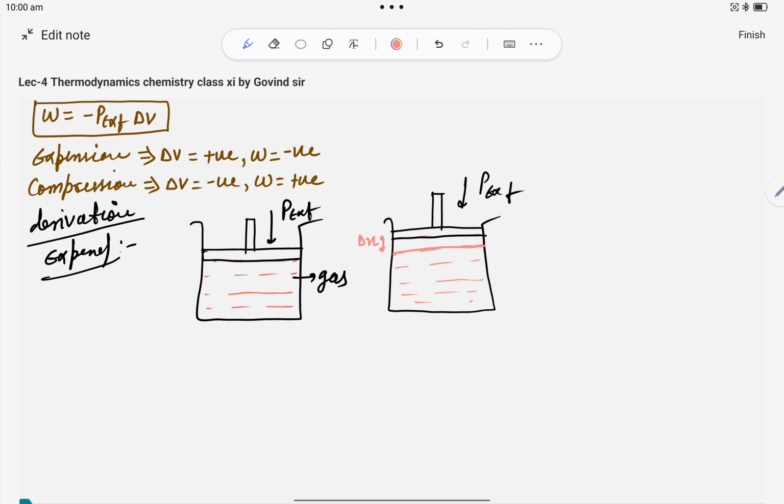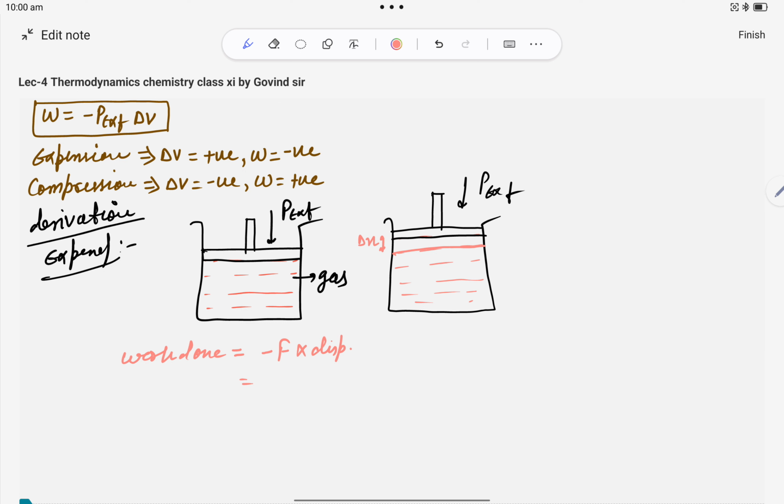What is the normal formula? Work done is equal to minus, because of expansion, force into displacement.